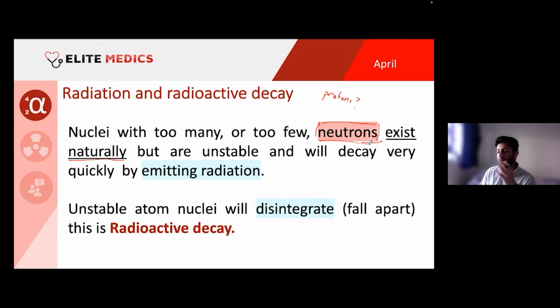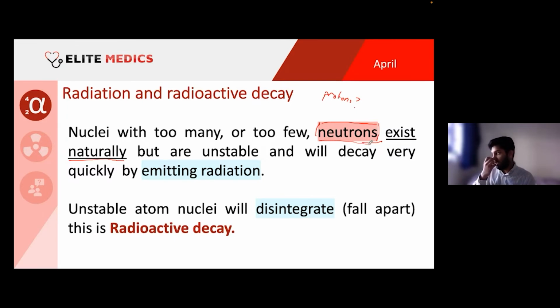Well, it's because the number of protons is what dictates what an atom is, which element an atom will belong to. So if we changed the number of protons for this atom to become more stable, we'd have to change the atom itself. We'd be changing some of the fundamental properties of this atom. Which is why we tend to think of the number of neutrons as being the ones that are unbalanced.